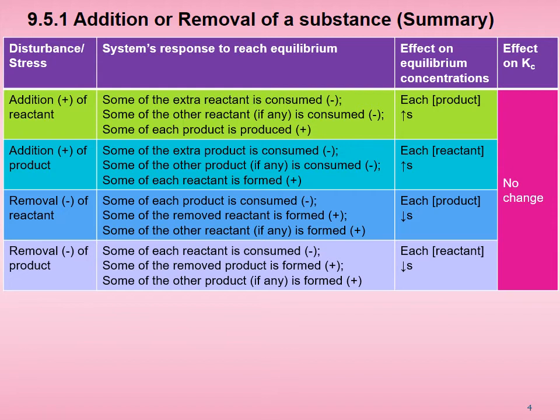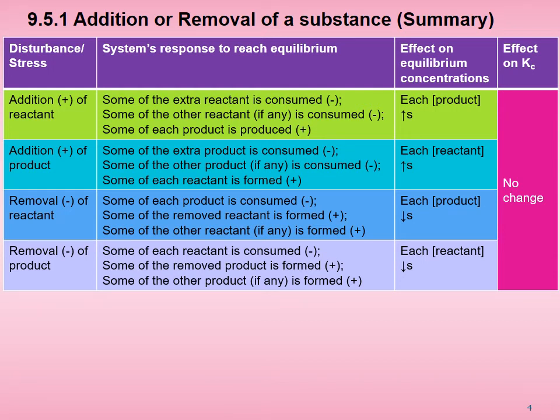This leads to an increase in the concentration of each reactant. When a system is disturbed or stressed by the removal of a reactant, some of each product is sacrificed and used up to undergo reaction so as to replace the missing reactant. Another reactant, if applicable, will also be formed in this process. This gives rise to a decrease in the concentration of each product.